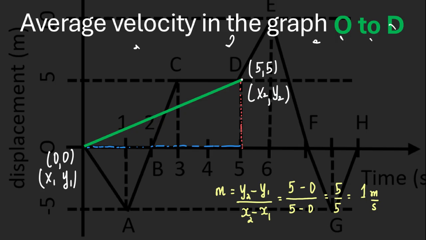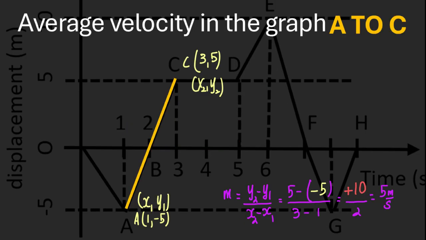Okay. Now let's see another case. This time we have average velocity from A, x1, y1 to C, x2, y2. And how would the slope look like here? Run followed by a rise. What is rise?